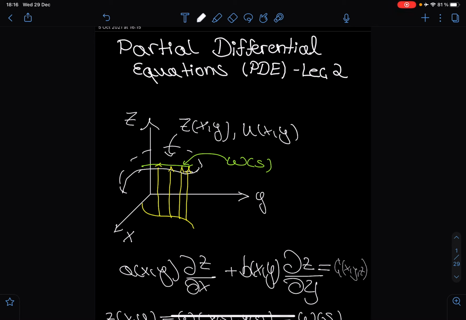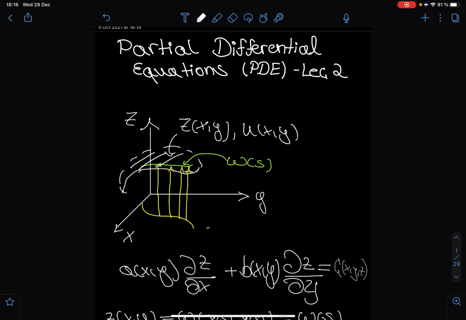So you're kind of reducing the dimension to first order problems. So instead of solving the partial differential equation in the whole field, you're only solving these one-dimensional equations.